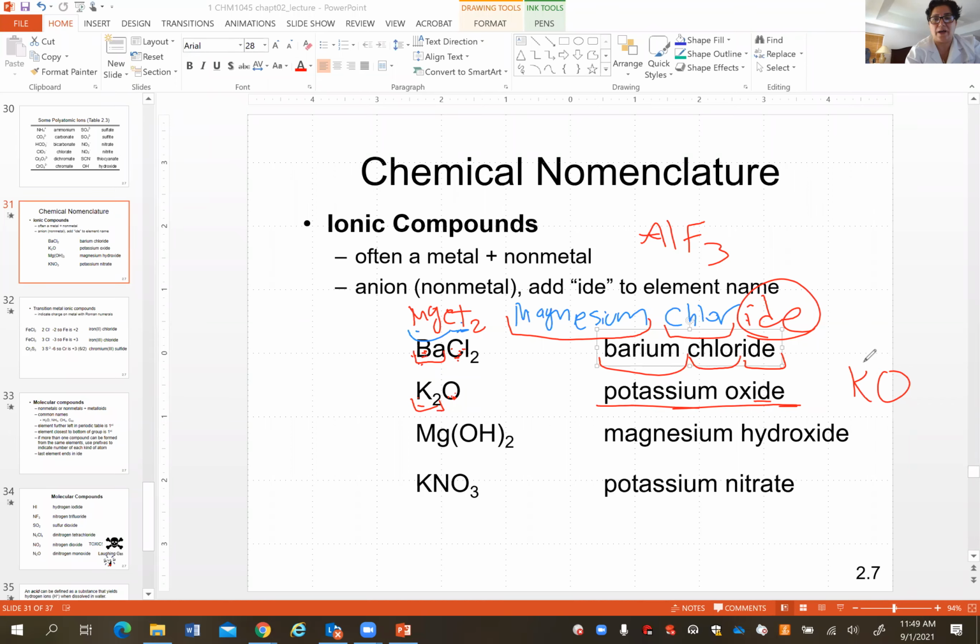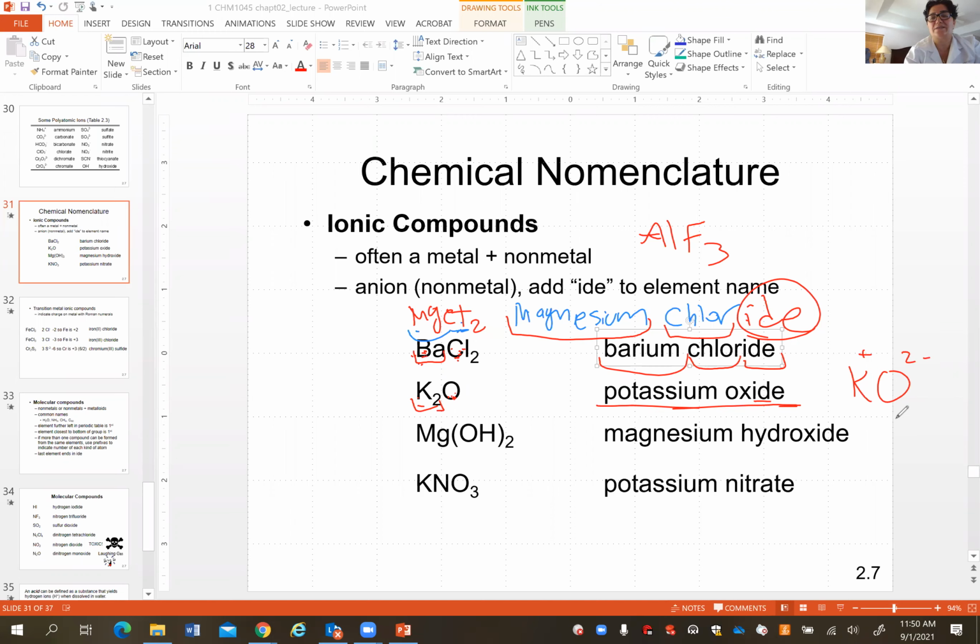Potassium oxide cannot be KO because this is a 1+ and this is a 2-. It has to be balanced. So you must have 2 potassium, so it's K2O.